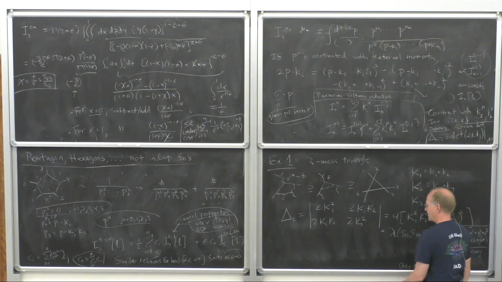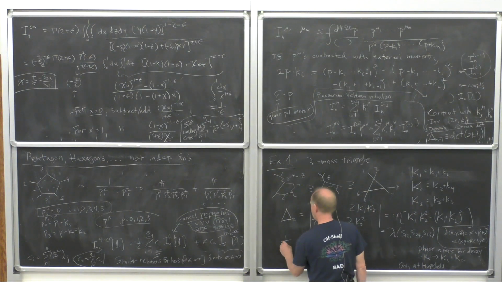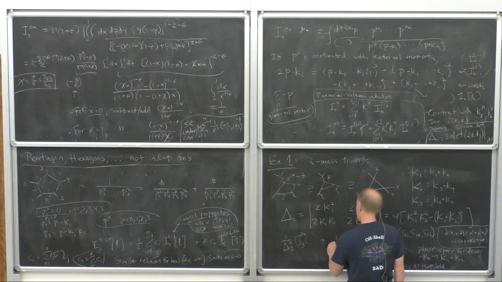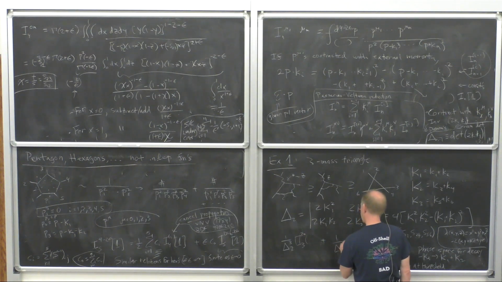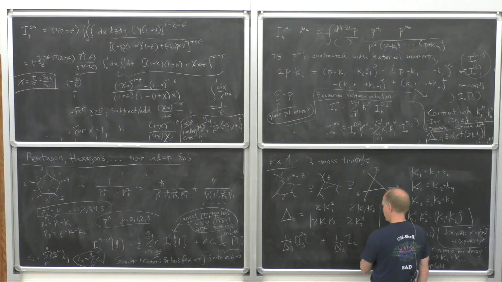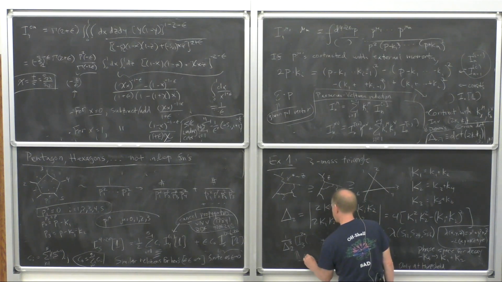But they could still cause numerical instabilities, because you could have 1 minus delta to pretty high powers times various of these 3-mass triangles, and then you would have bubble integrals, and there would be numerical cancellations between these.